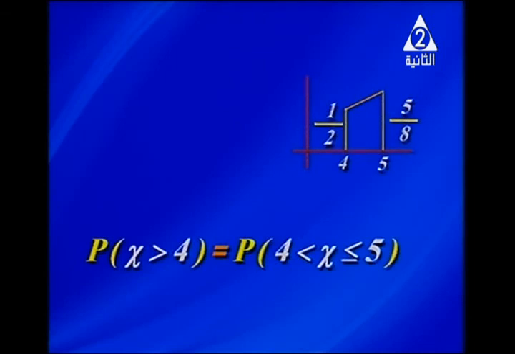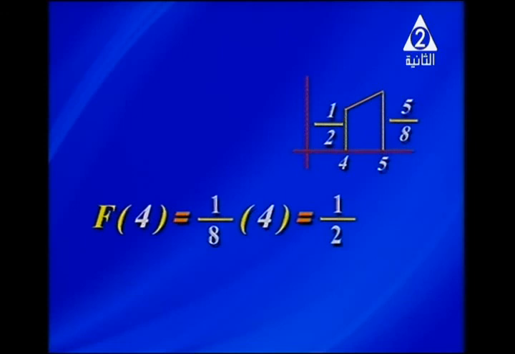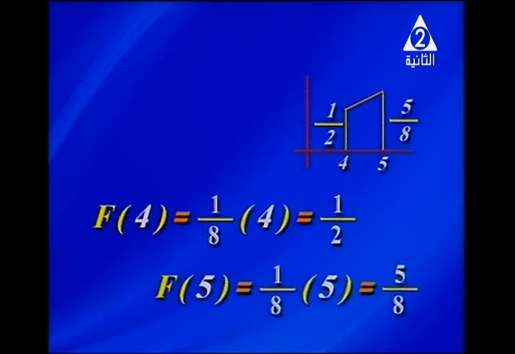By using f of 4 equal to half and f of 5 equal to 5 over 8, and by using the area of a trapezium, the two bases are 1 over 2 and 5 over 8, and the height is 1. Why? Because the height is the difference between 4 and 5. Then the area of the trapezium equals half multiplied by the sum of half plus 5 over 8 times 1. At the first, find f of 4 equal to half and f of 5 equal to 5 over 8.